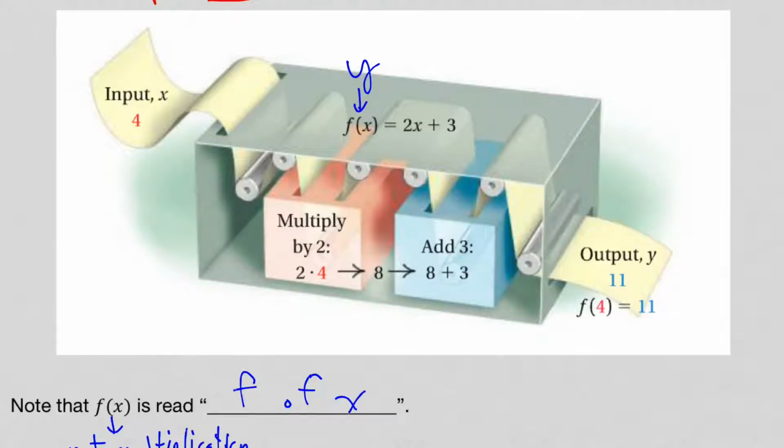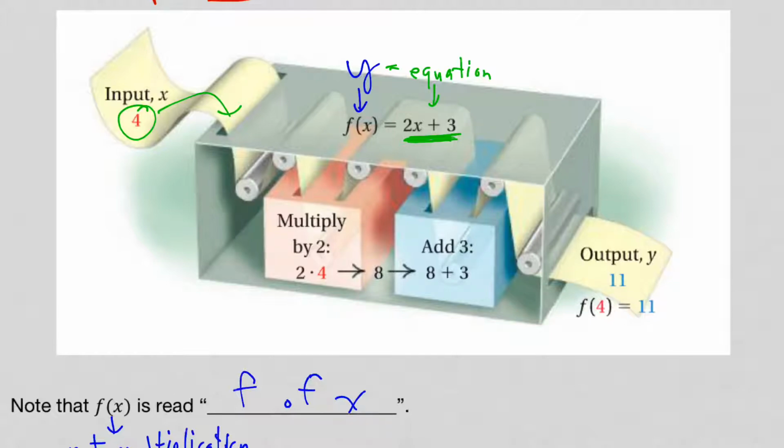We have the input value, what we're going to call x. This is going to go into the machine, and the machine is going to do a couple of things, because that's what the equation reads. The equation, or the math side of it, is just the instructions on what to do with that x.